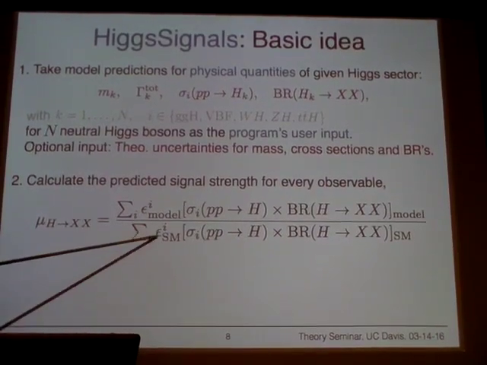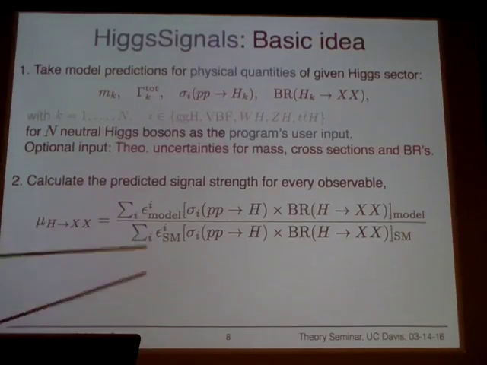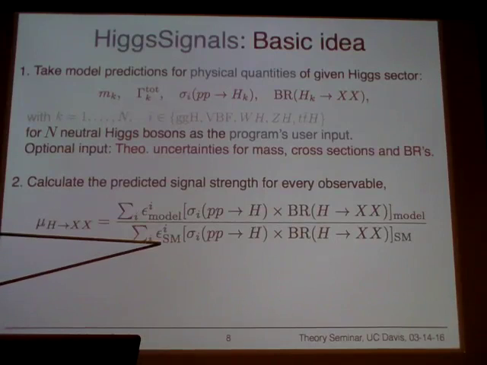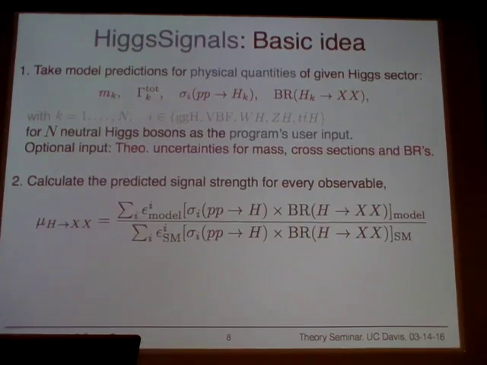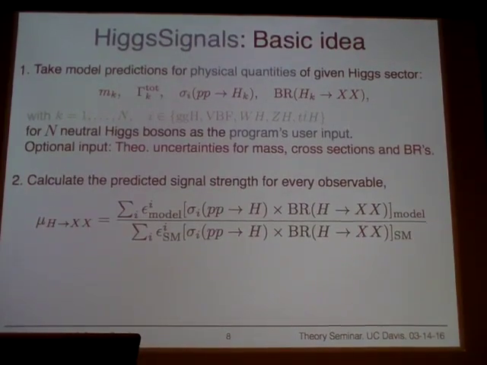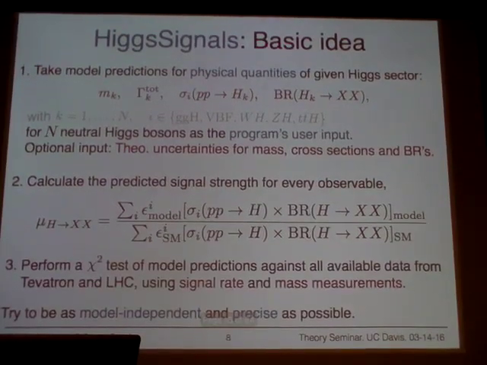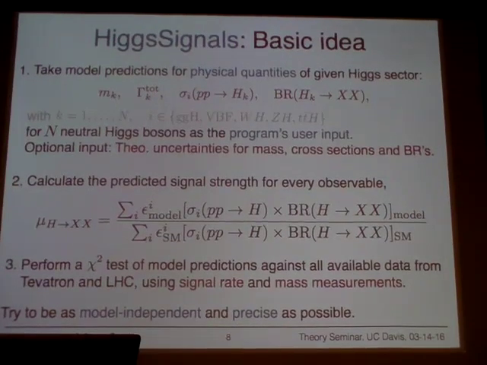And here these efficiency factors appear. By default, this is assumed to be equal to the standard model, but in principle you can also provide different efficiencies. There's an interface where you can feed them in, but then you have to really do the Monte Carlo generation and study this for each observable, how much is changed. This is quite tedious.